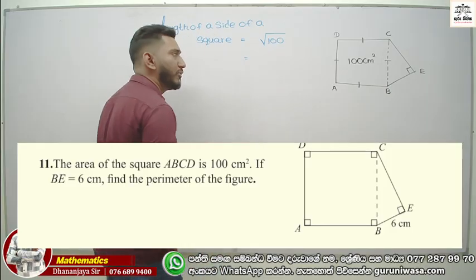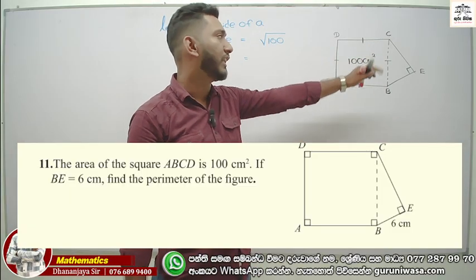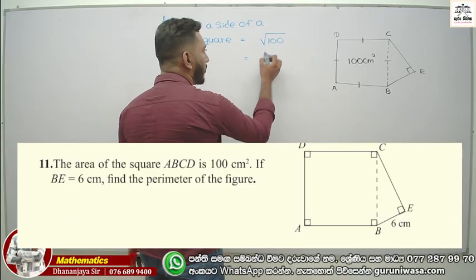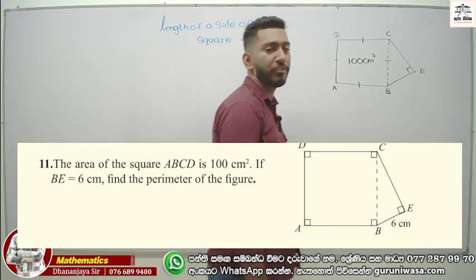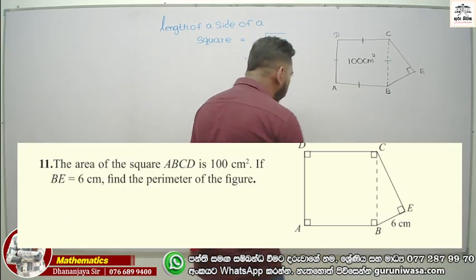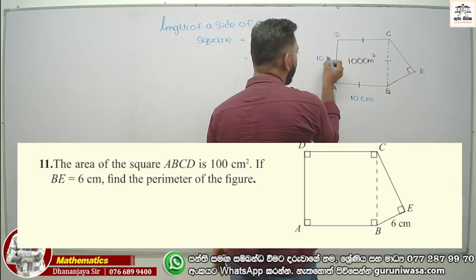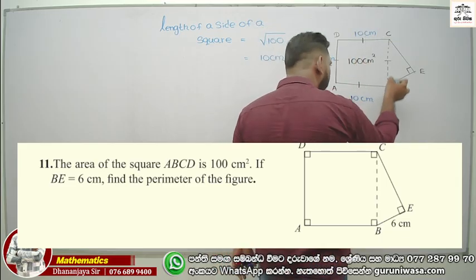Because you know how to find the area of a square: length times length. Therefore, each side should be equal to 10 cm. This one is 10 cm, this one is 10 cm, and this one is also 10 cm, and this one is also 10 cm.